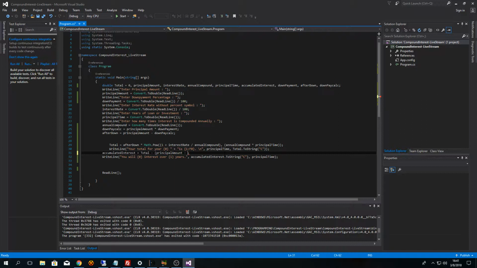So we'll just go ahead and subtract. We'll do down payment calc. There we go. I think that should do it.